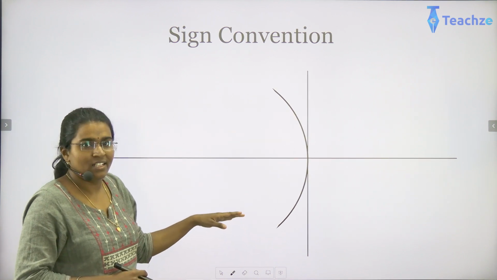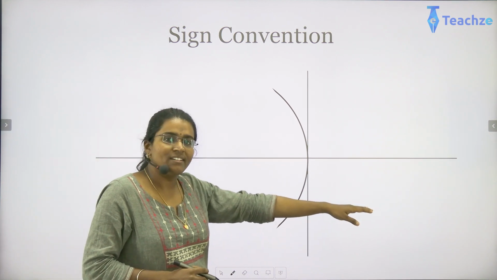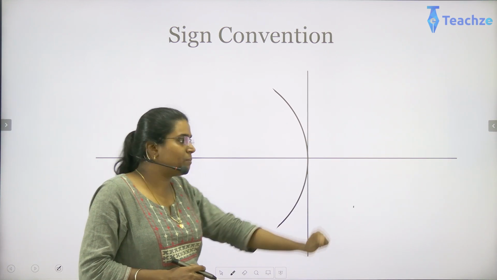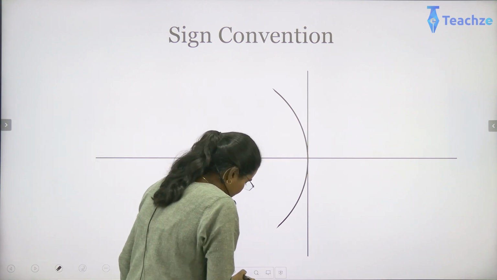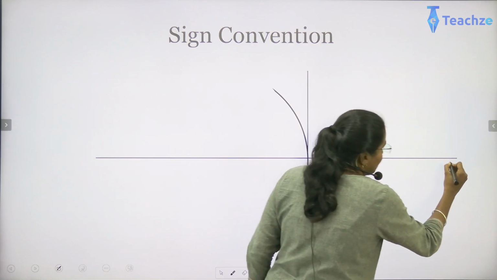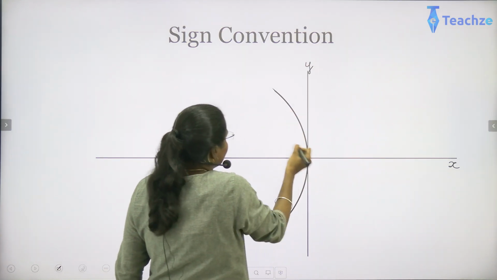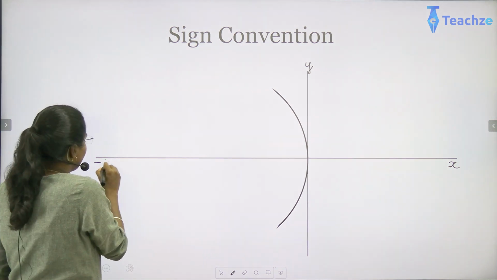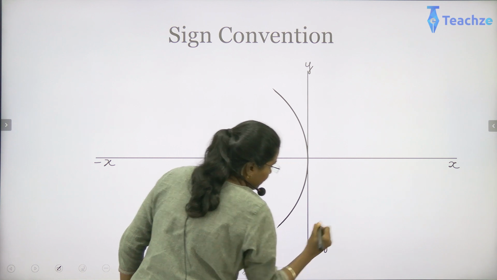Here both negative, x and y will be negative. Here x will be positive, y will be negative. Okay, so with that notation, we will start with our sign convention using the mirrors.